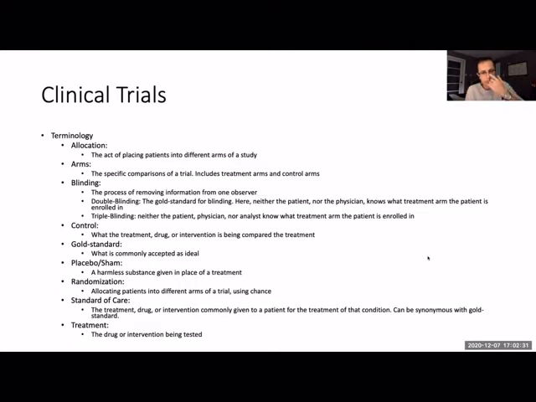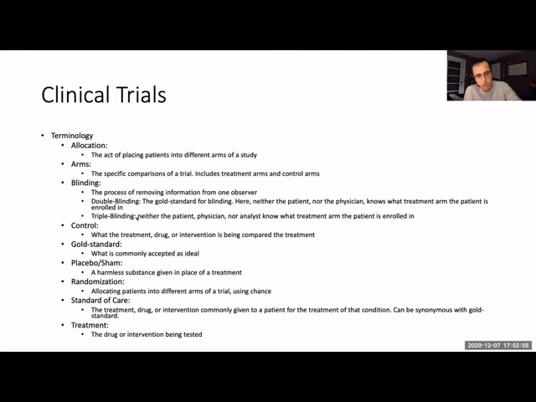This way, any differences that we may observe in response is due to the effects of the drug, assuming all other variables, for lack of a better word, are controlled for, as opposed to some sort of a bias that may exist. This is the gold standard. And again, Sarah will talk about this a bit more when she talks about randomized controlled clinical trials.